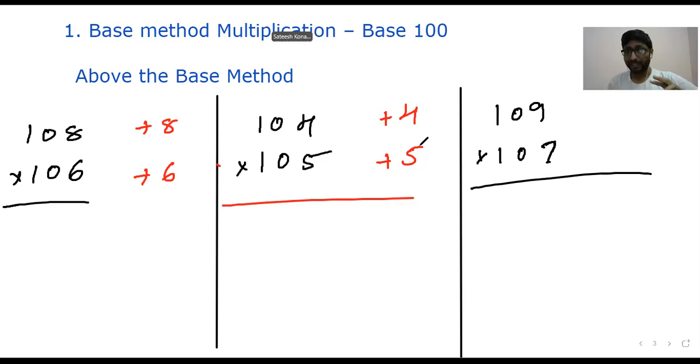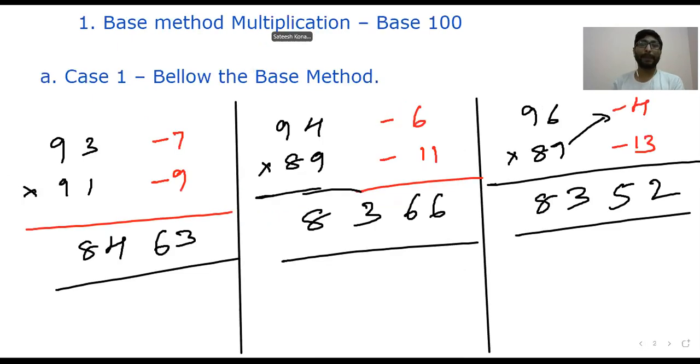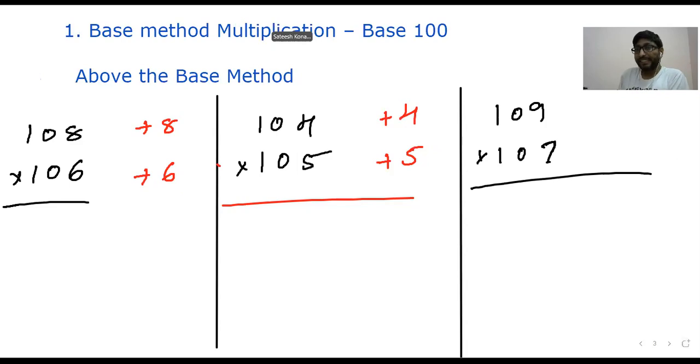In the below base method, the difference between the base and the given number is minus, less than. So the difference is minus, so we write it in minus, and here we write in plus. The difference is positive here, so we write positive. The difference is less there, negative, so we write negative.